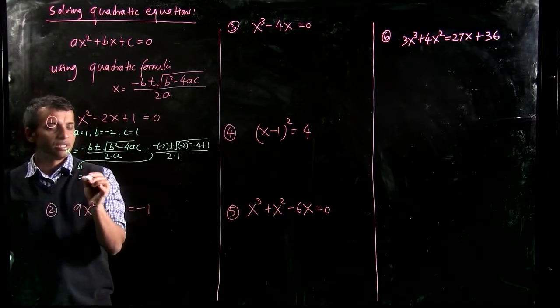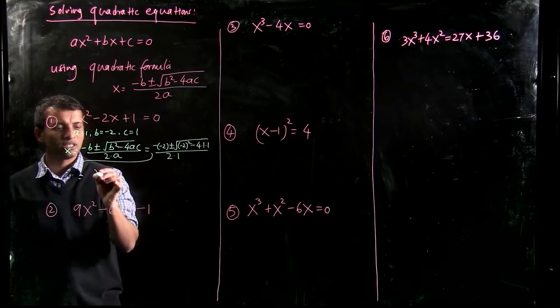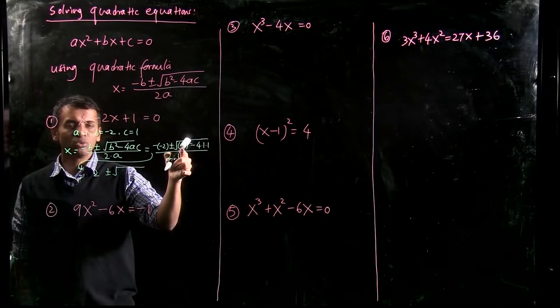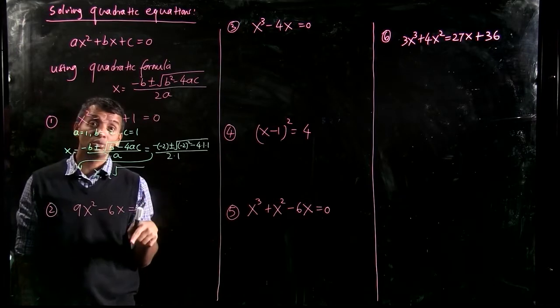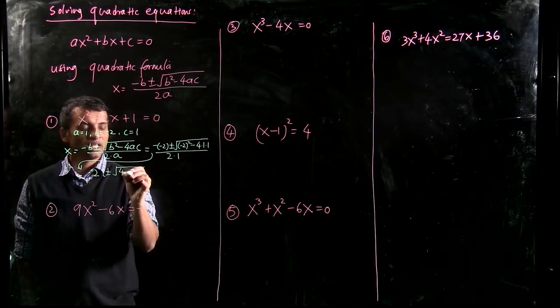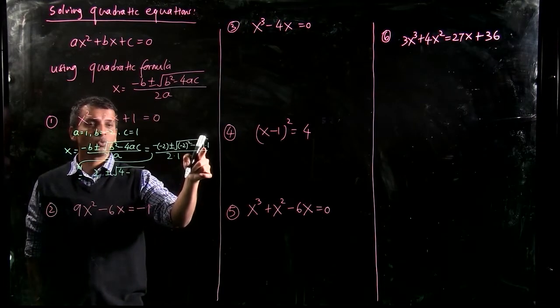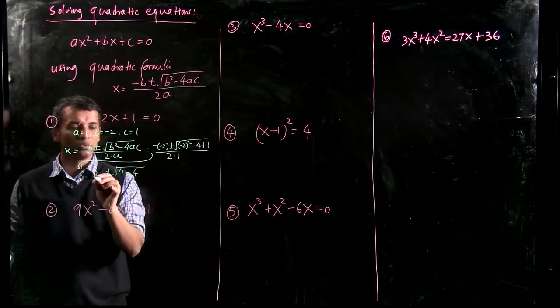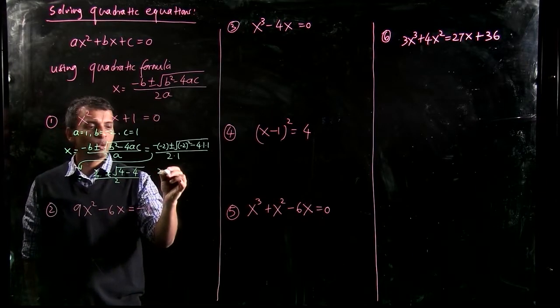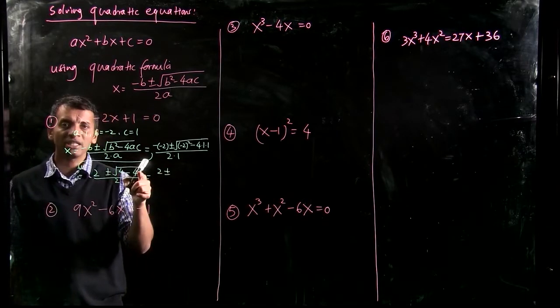Let's see what you get. Negative of negative 2 is positive 2, plus or minus the square root of negative 2 squared. Negative 2 squared is negative 2 times negative 2, a double negative, so it is positive 4, and then minus 4 times 1, which is again 4, over 2. What is 4 minus 4?